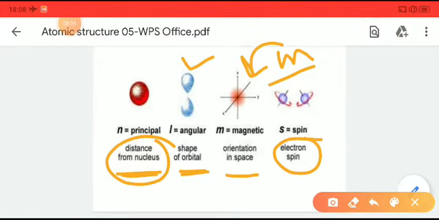Although I did not show you the derivation of the Schrodinger equation, that is not required for class 11. But you now know that the four quantum numbers, the principal, angular, magnetic and spin quantum numbers, are derived from the Schrodinger equation, and you have also seen what the Schrodinger equation is.